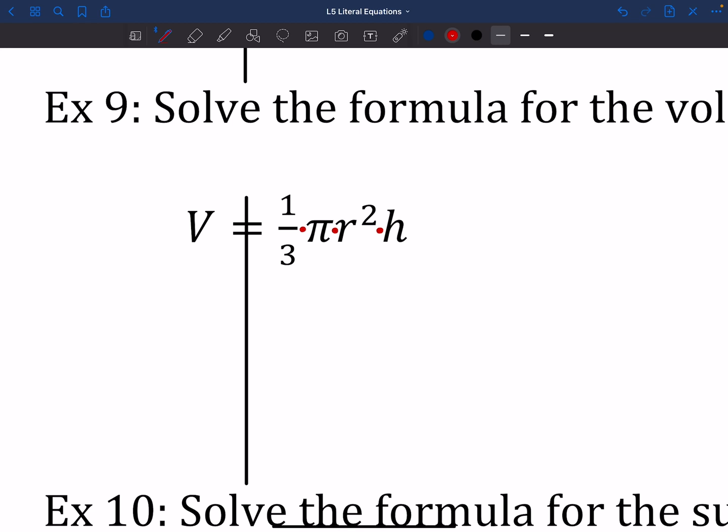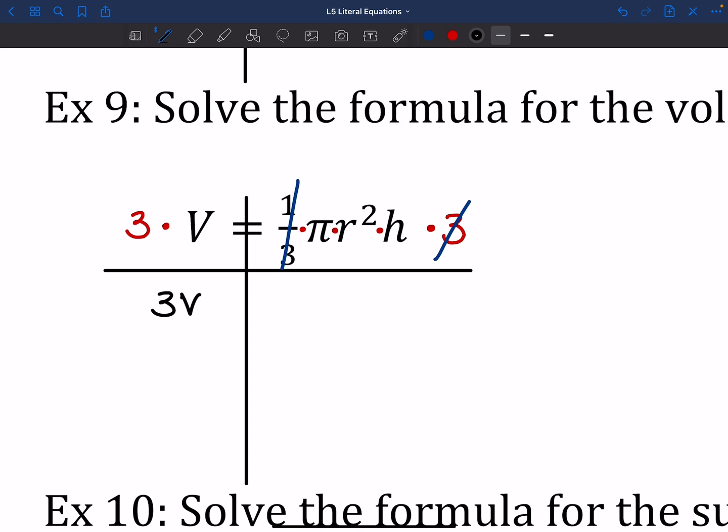So to get rid of something where it's 1 divided by 3, I'm going to instead multiply by 3 on each side, right? When we do that, what's going to happen is that this 3 over here, and I'm going to do it in blue so it stands out a little better, cancels out that 1/3 over there on the right-hand side. Over on the left, we've now got 3v equals, and this is pi r squared h that's left over, right?